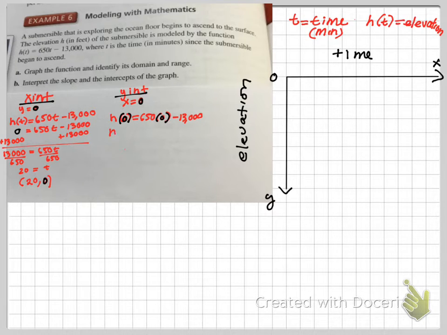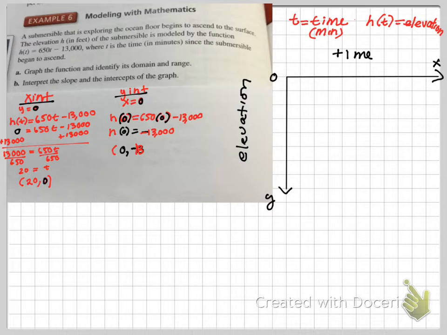So h of 0, when x is 0, the elevation will be negative 13,000. My ordered pair for the y-intercept is when x is 0, my y is negative 13,000 feet.